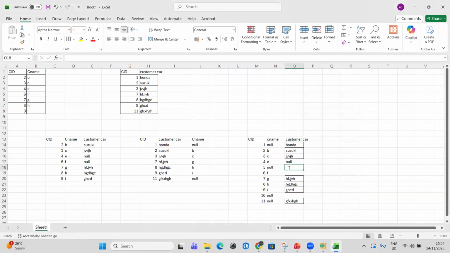I've done one small error in my full join. Do you know what? One small error in this full join. Can you figure out what?